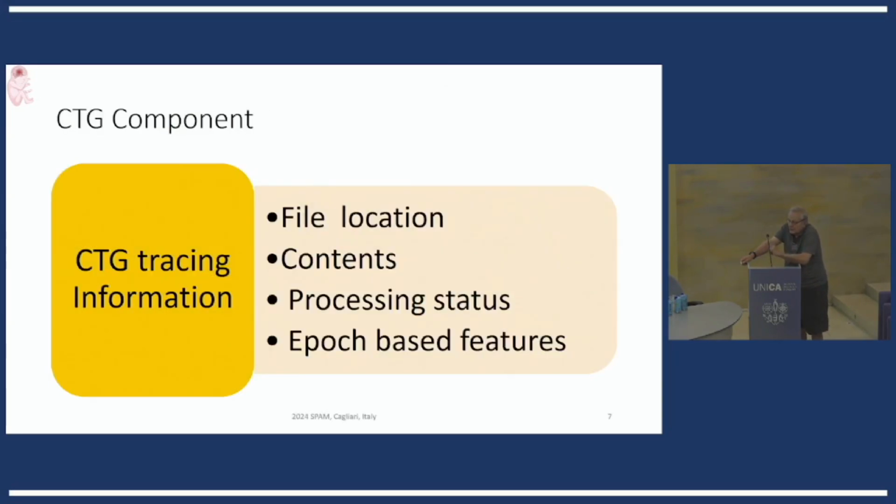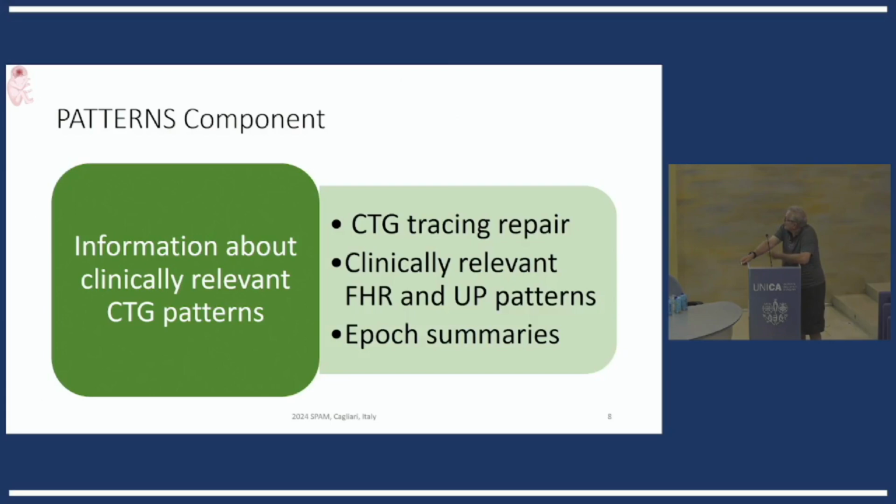The CTG component basically points to the location of the CTG file, has information about what's in the file, the processing status, and then epoch-based features. So basically what we've done is we've analyzed the features for 20 or 30-minute epochs throughout the recording. The patterns component basically points to the CTG tracing after it's been repaired.